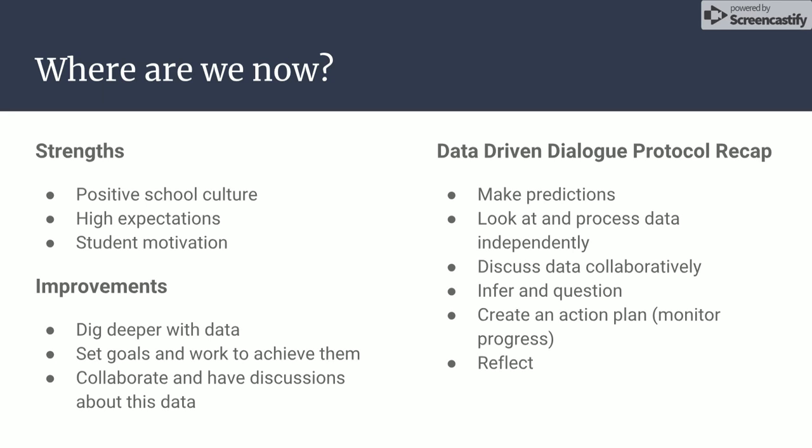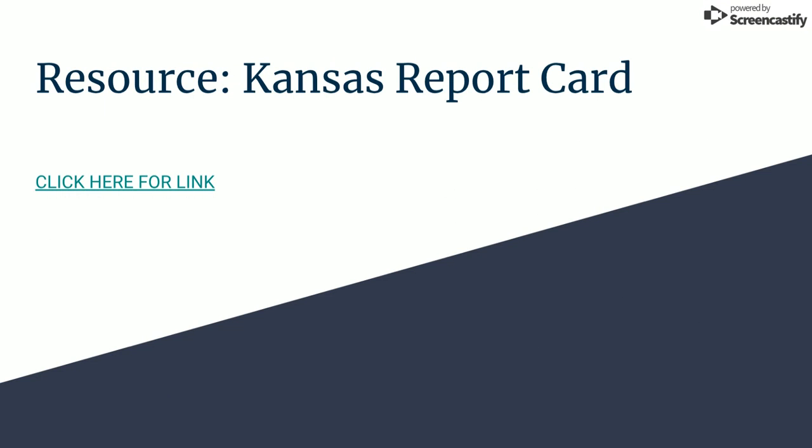This is also where you start looking at root causes of issues. Next, you create an action plan where you have to monitor progress. This monitoring progress will hopefully keep our goals and our action plan in the forefront of our minds, so we are not just putting it on the back burner. Lastly, you reflect on the process.